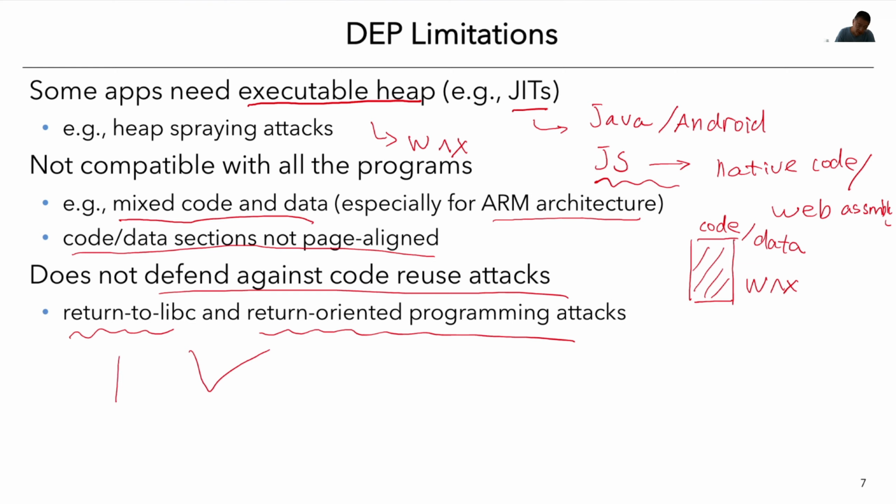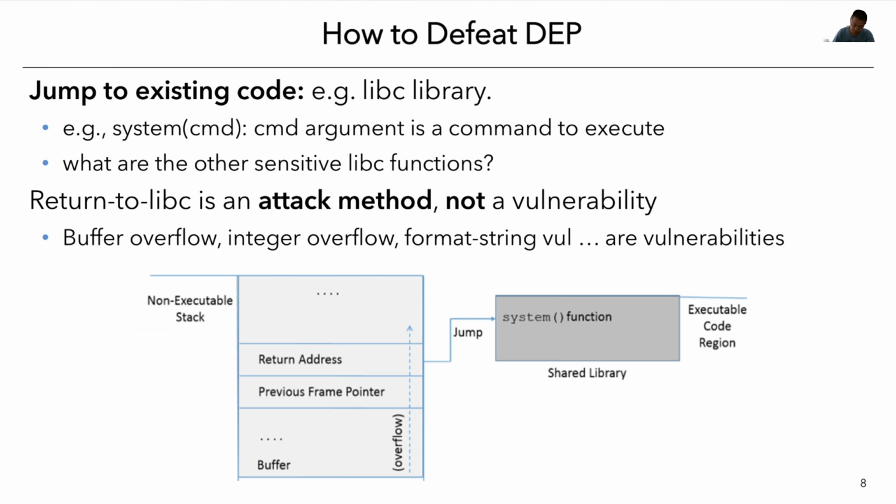In return-to-libc, usually they reuse functions. In return-oriented programming, they reuse a smaller piece of code, called gadgets. It's just a short sequence of code.